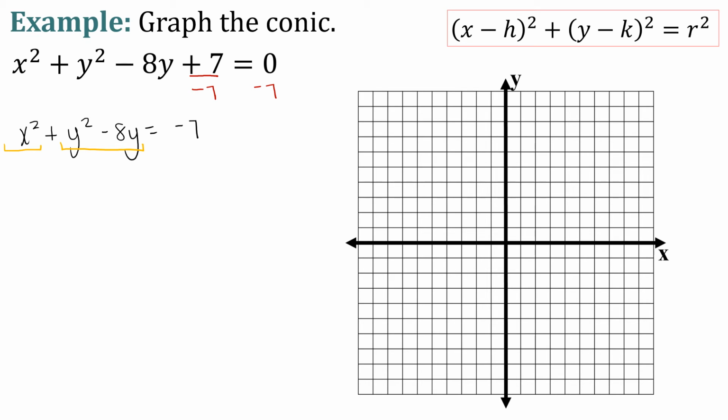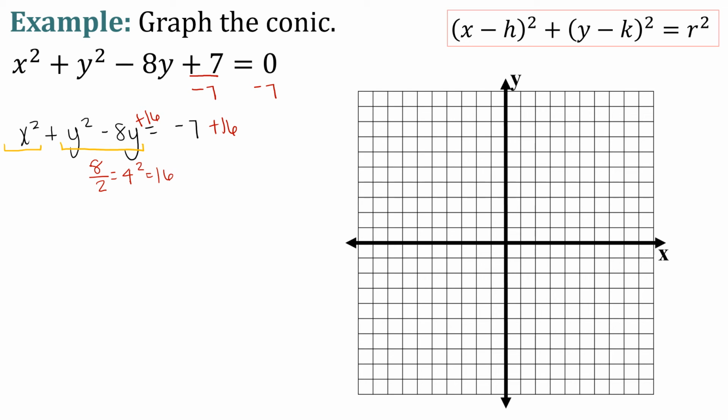What I do notice is that I don't have an x term, so I don't have to complete the square with the x. I'm only going to complete the square with the y terms. So to do this, I'm going to half 8, which is 4. Then I'm going to square 4, which is 16. And then I'm going to add 16 to both sides.